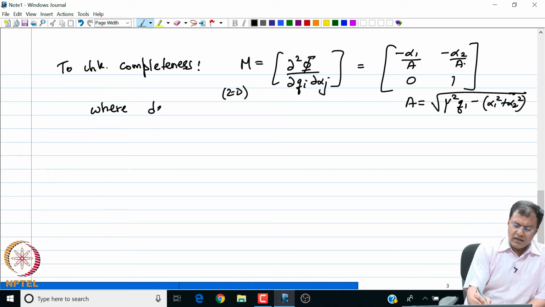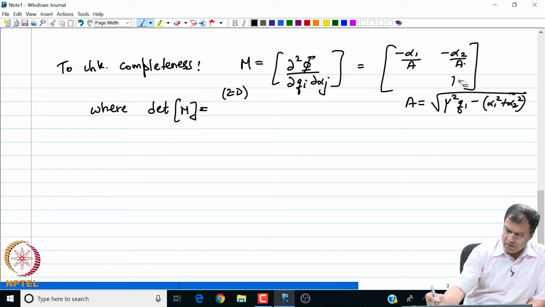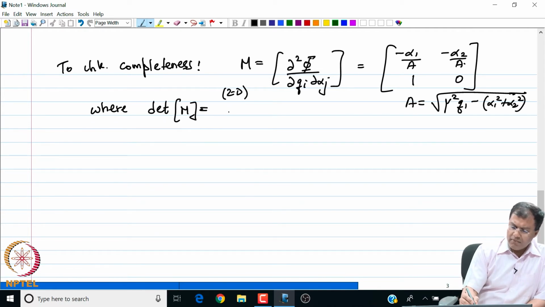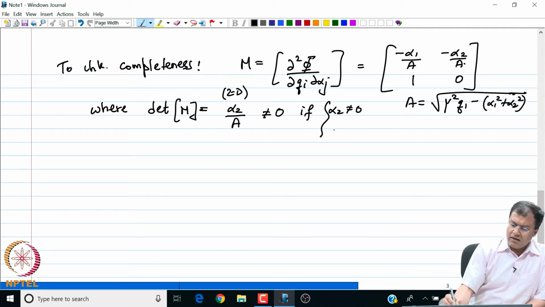Where my determinant, you can see that the determinant of M is, well, we have 1 here and 0 here. So the determinant of M here is alpha 2 by a. This is non-zero if my constant alpha 2 is non-zero and the square root of a is well defined, right.